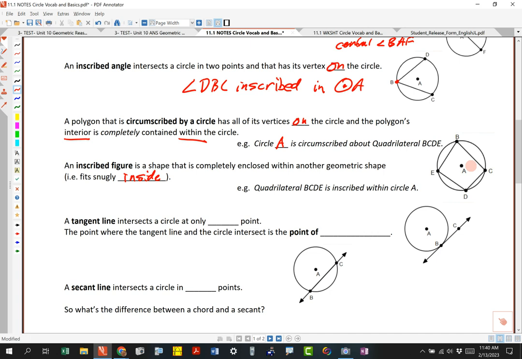Okay? Gotcha. Let's talk about a tangent. A tangent line intersects a circle at only one point. And the point where it touches the circle is called the point of tangency.